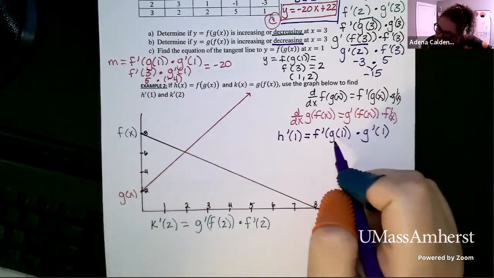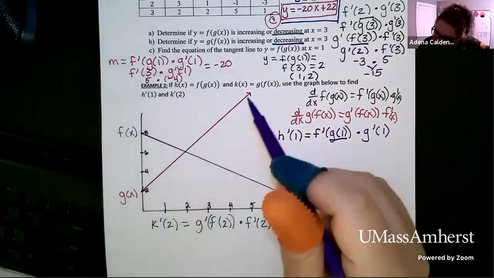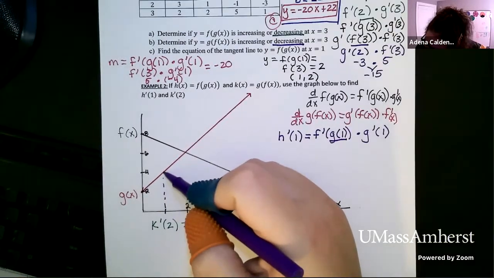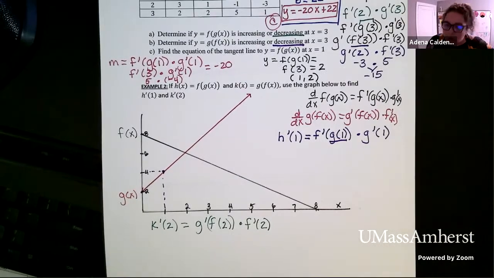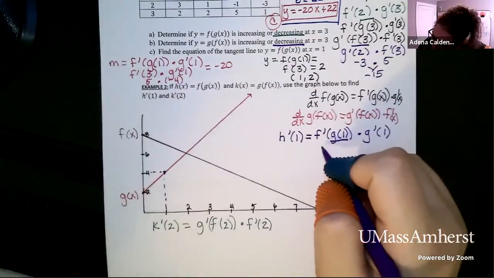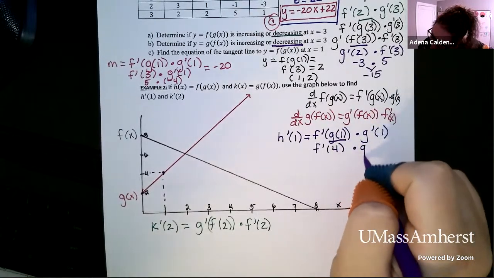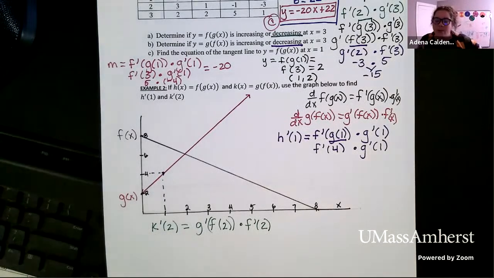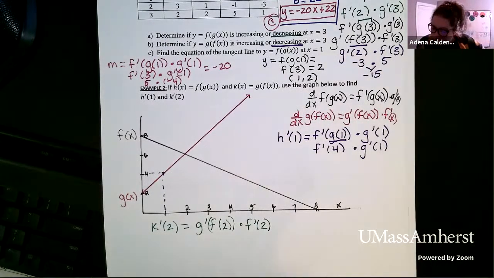Well, let's start with g of 1. So g of 1 means we're going to go to the g function and find the value when x equals 1. So that's right about at 4. So here we now need to find f prime of 4 times g prime of 1. So how do we get the derivative at 4 for f and at 1 for g?